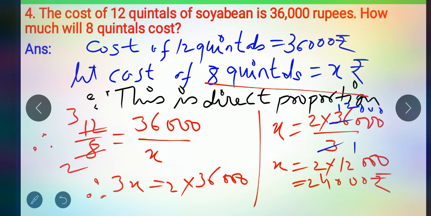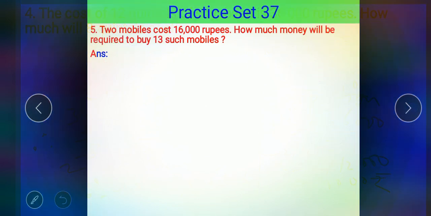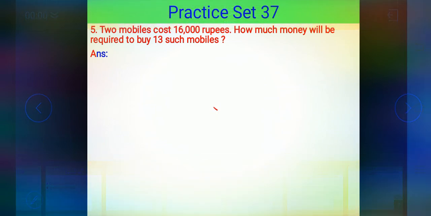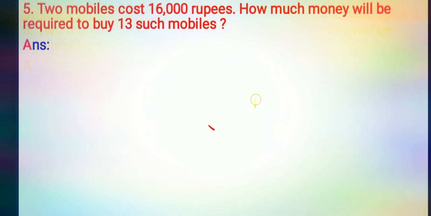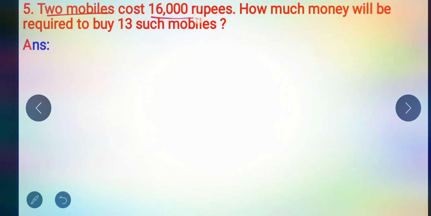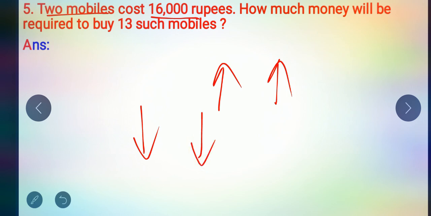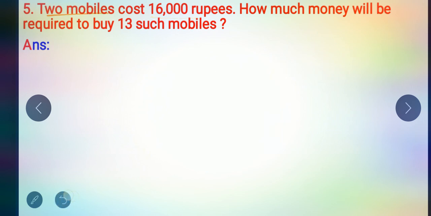Now we'll continue with the last sum of this exercise, and then we'll stop the lecture, students. When you see the last sum of this exercise, again this is direct proportion only. I told you that in this exercise all the sums are of direct proportion only. Now here, students, number of mobiles and cost. When the number of mobiles increases, cost will also increase. When the number of mobiles decreases, the cost also decreases. So this is an example of direct proportion.